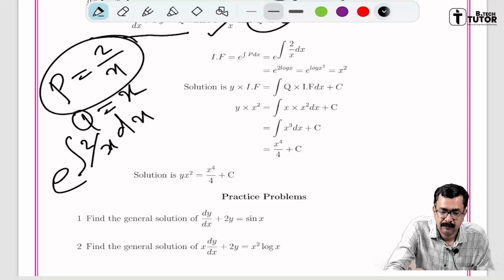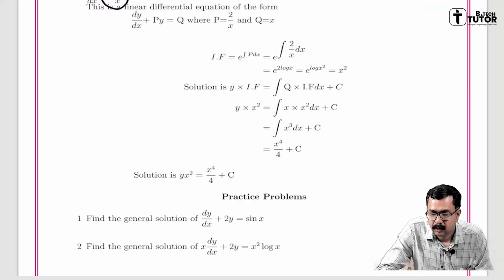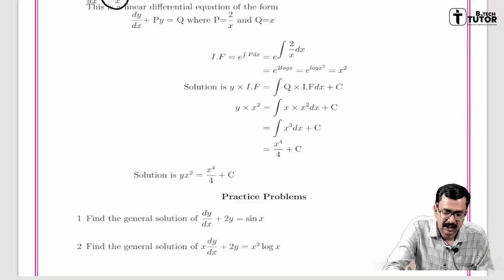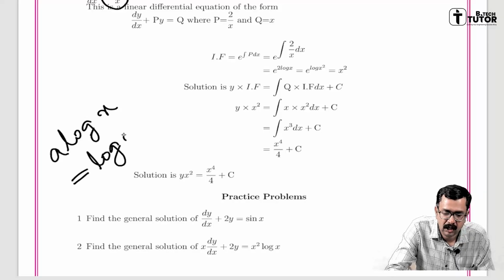Now listen. Now we are applying another equation. 2 into log x. What is a log x? a log x equals log x raised to a.